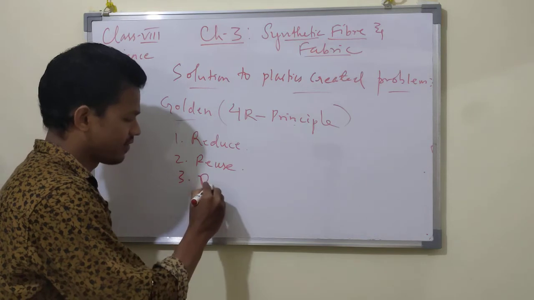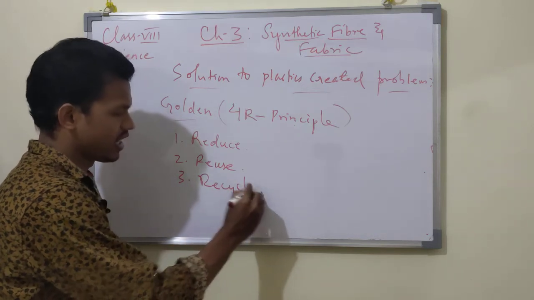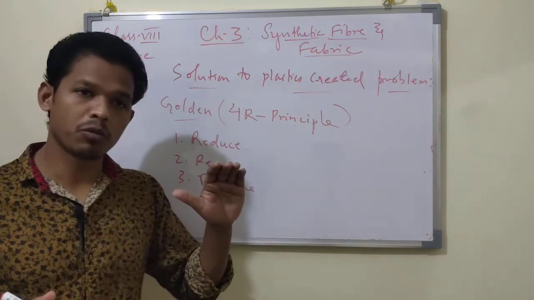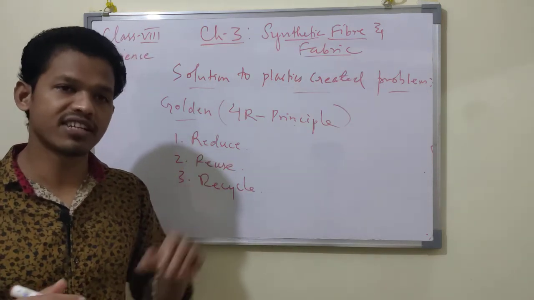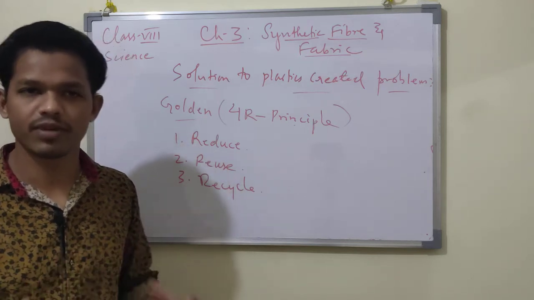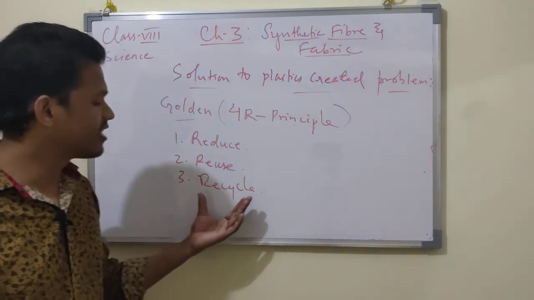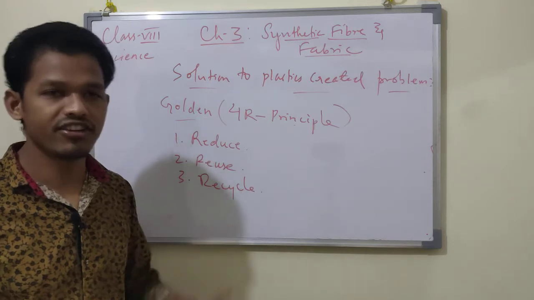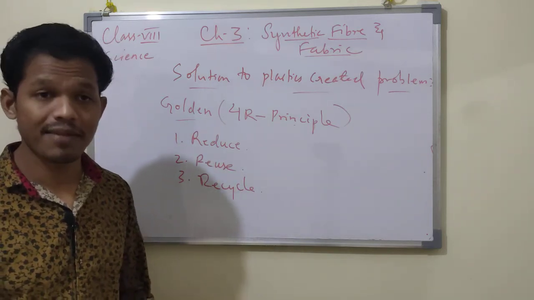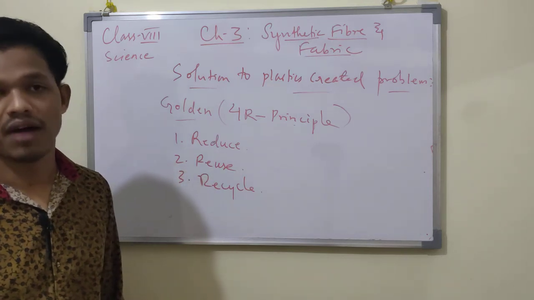Next one is recycle. Thermoplastics can be recycled in an industry, but thermosetting plastic cannot be recycled. During recycling, they add some coloring agent, which is also very harmful to our health.